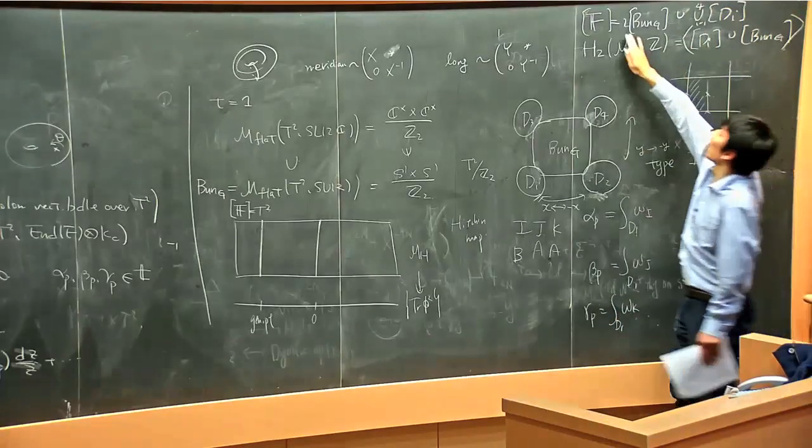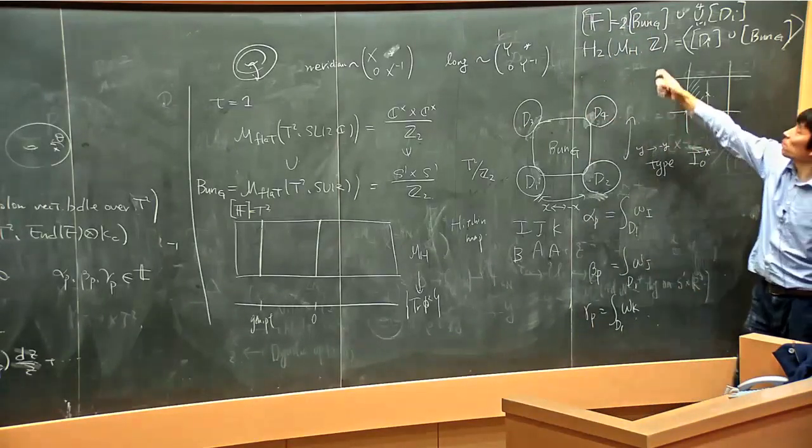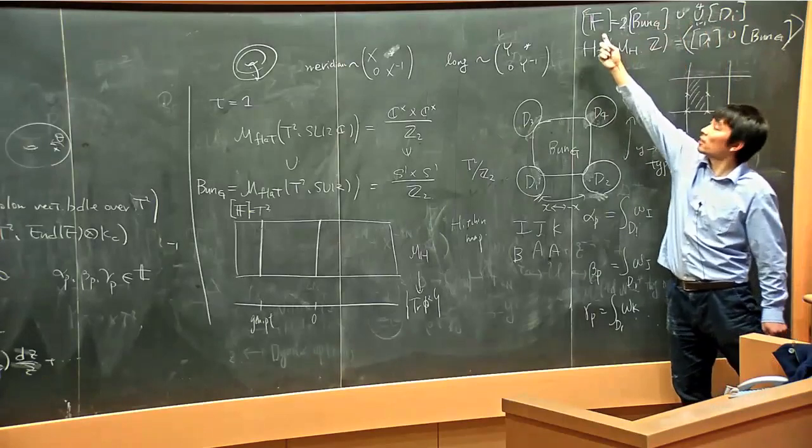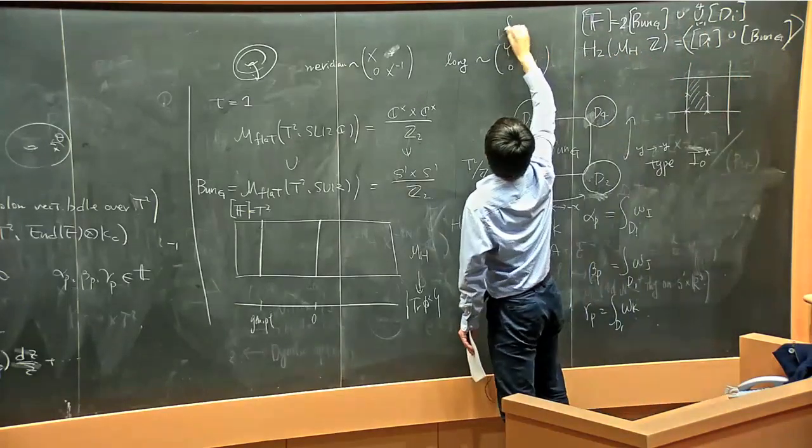So in the second homology, this is the relation between Ban G, the exceptional divisors, and the generic fiber. I call this the fiber class relation.